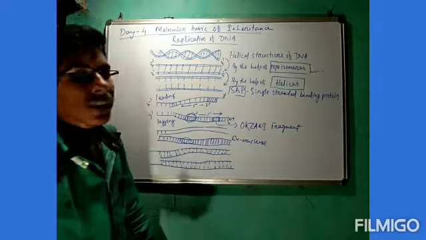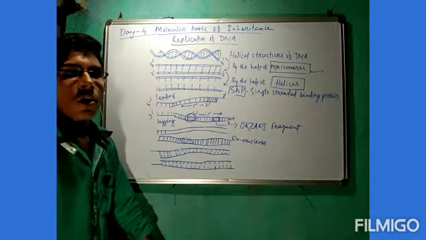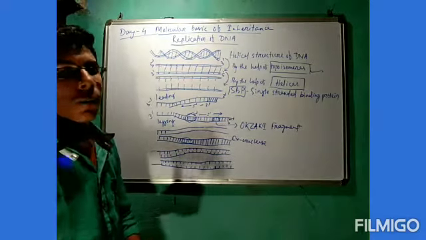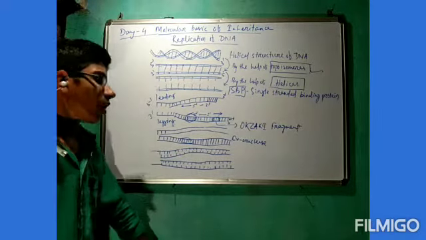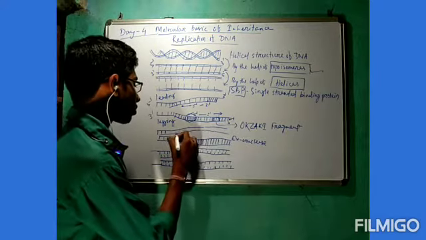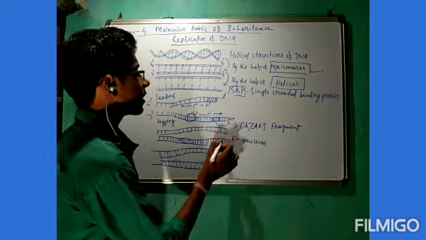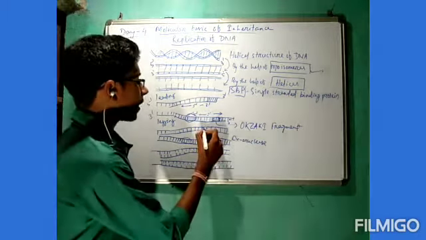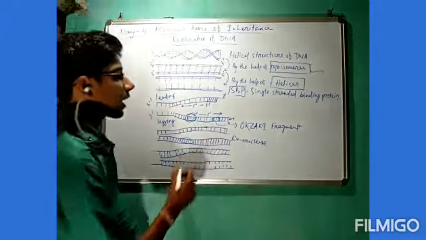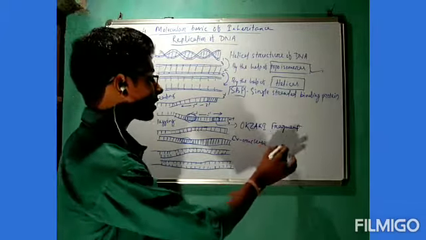The Okazaki fragments are removed, and in the place of the Okazaki fragment, the DNA polymerase is again added. The complete DNA sequence is present. Here also the complete DNA sequence is present, because the primase is a permanent fragment, so it cannot be removed by the help of exonuclease.